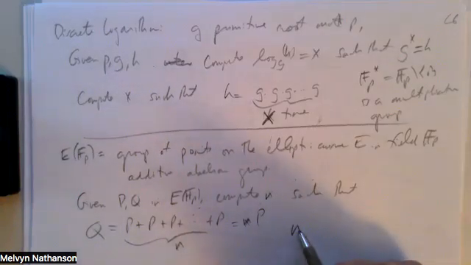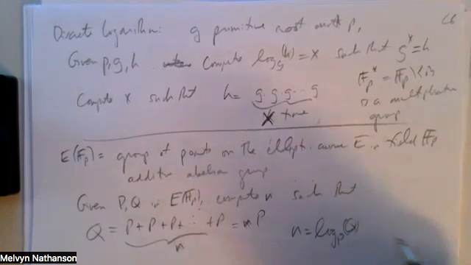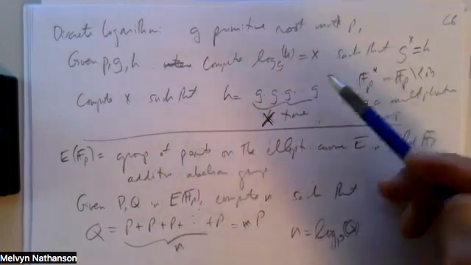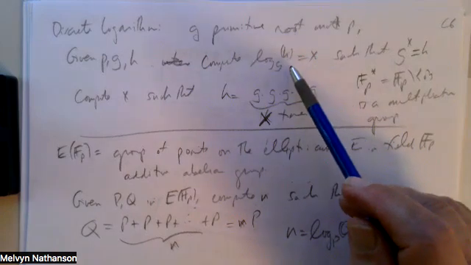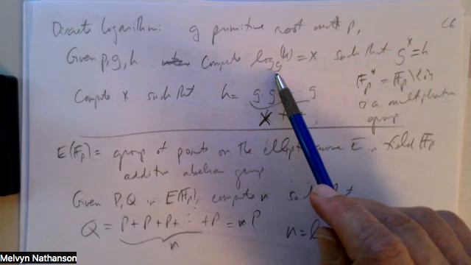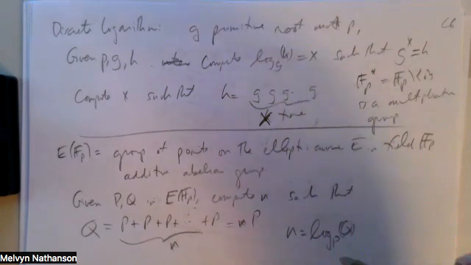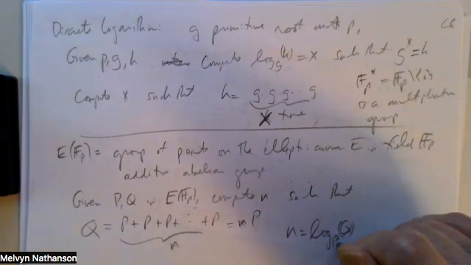And N we write as the log of the point Q with respect to the point P. It's completely analogous to here, where we wrote the log of the number H with respect to the number G in the finite field. Here is the log of the point Q with respect to the point P in the elliptic curve.